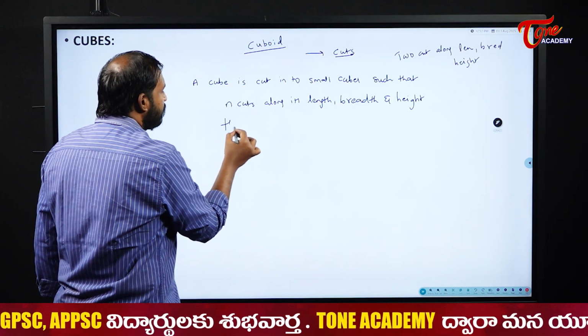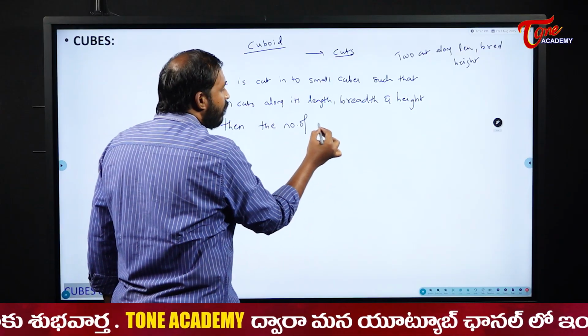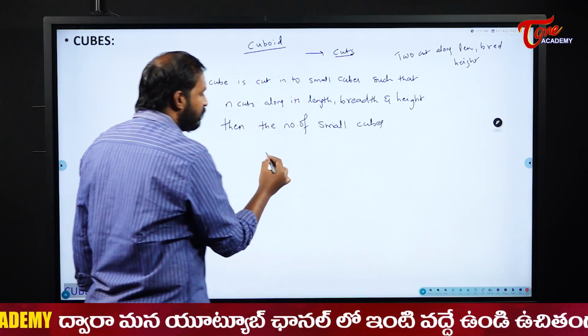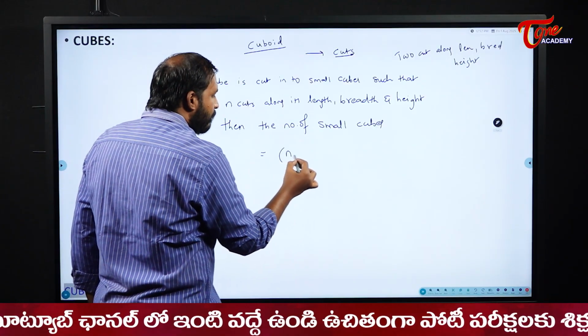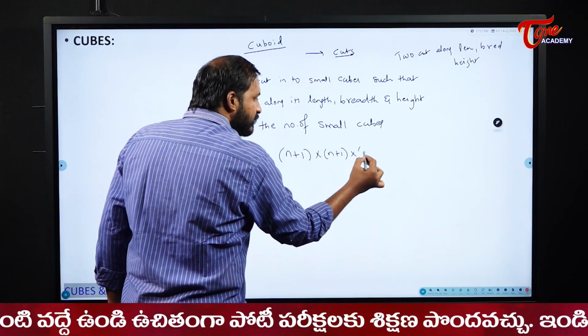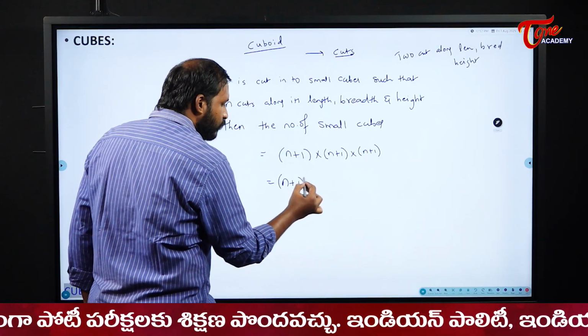Then the number of small cubes is equal to n plus 1 into n plus 1 into n plus 1, which in turn I can write as n plus 1 whole cube.